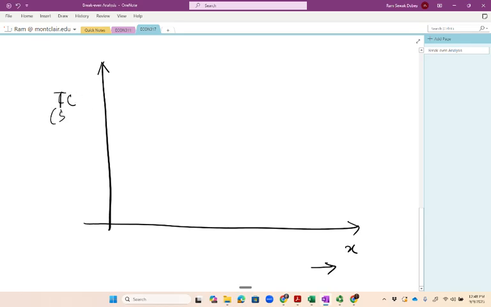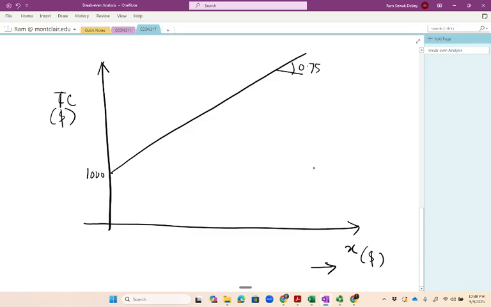Again, both are in dollars. So the total cost has the vertical intercept of 1,000 and the slope is 0.75. So I will draw a straight line with slope of 0.75, vertical intercept 1,000.